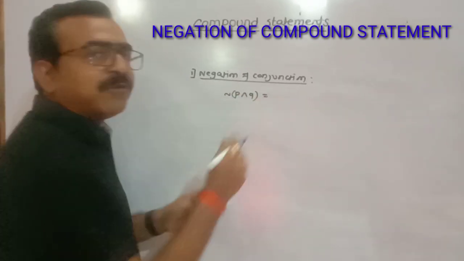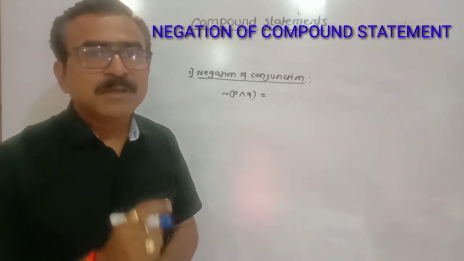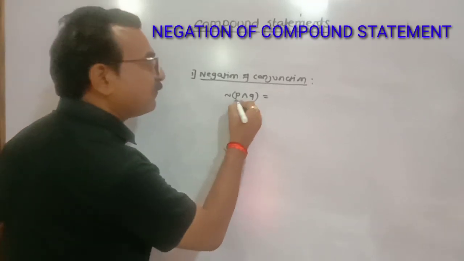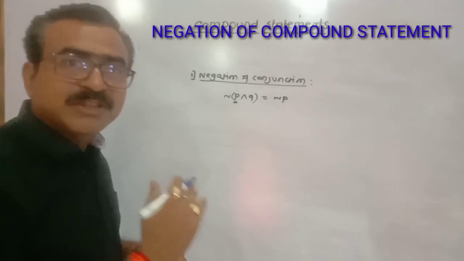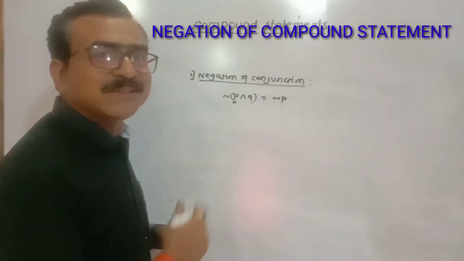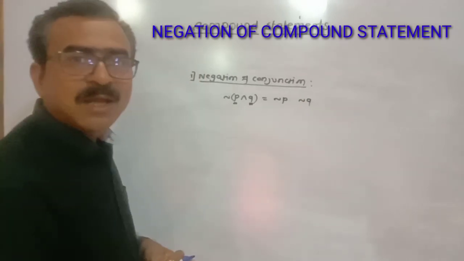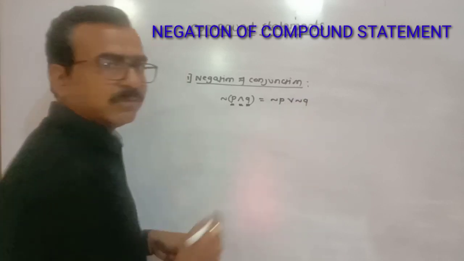So friends, while finding the negation of a conjunction statement, initially perform the negation of the first statement. Here the first statement is P, so perform the negation of P. Then perform the negation of the second statement. The second statement is Q, negation Q, and replace AND by OR.